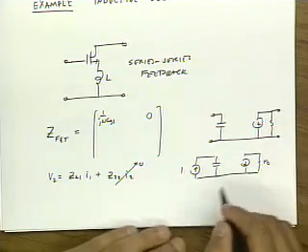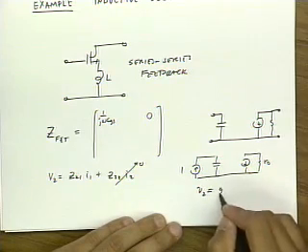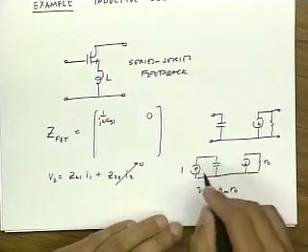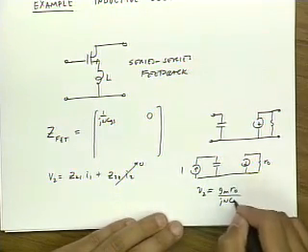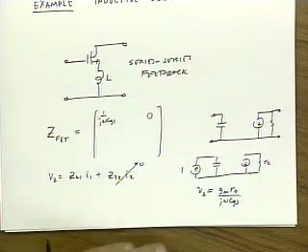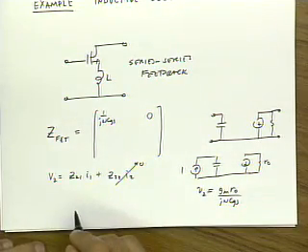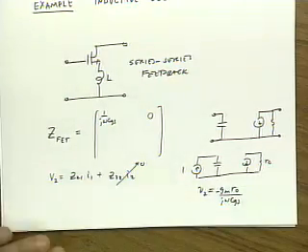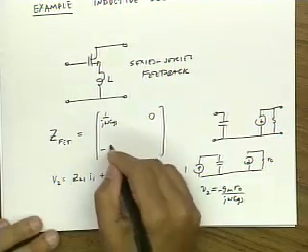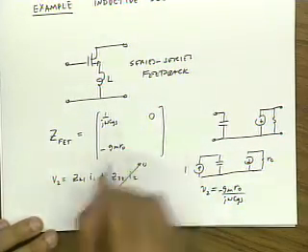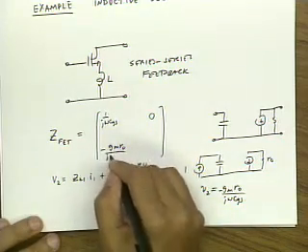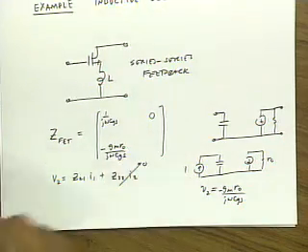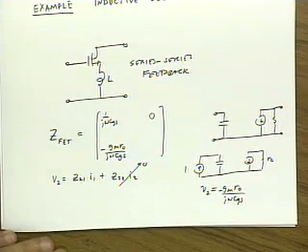Well, the output V2 is simply GMRO divided by j omega CGS. So minus, right? So Z21 is minus GMRO divided by j omega CGS. And finally, what's Z22?